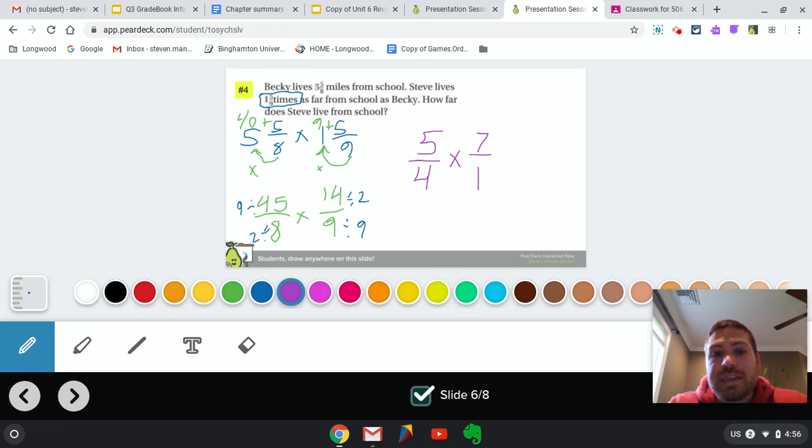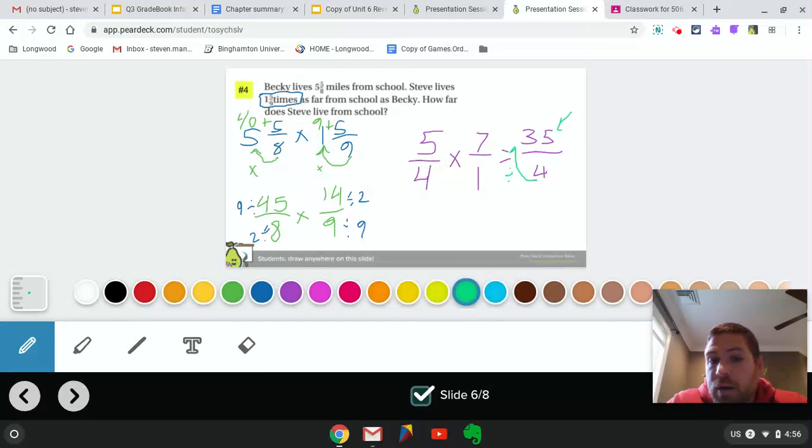So now we have a much easier problem that we're looking at to go ahead and figure out our answer, right? We're going to multiply our numerators, multiply our denominators, which again, we're working with smaller numbers, so that makes our life a bit easier here, okay? Last thing we have to do, because our fraction's improper, right? Our numerator is larger than our denominator. We're going to be dividing the denominator into the numerator.